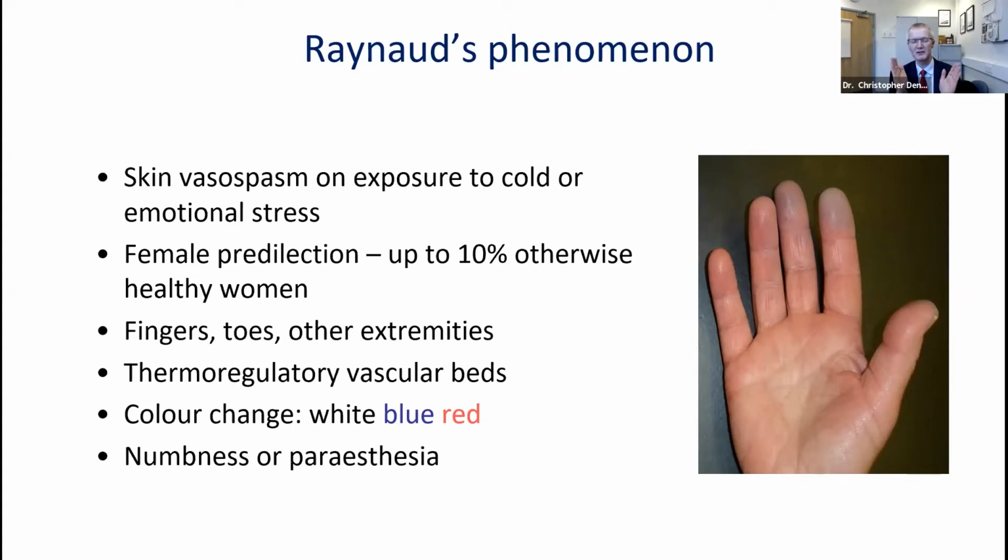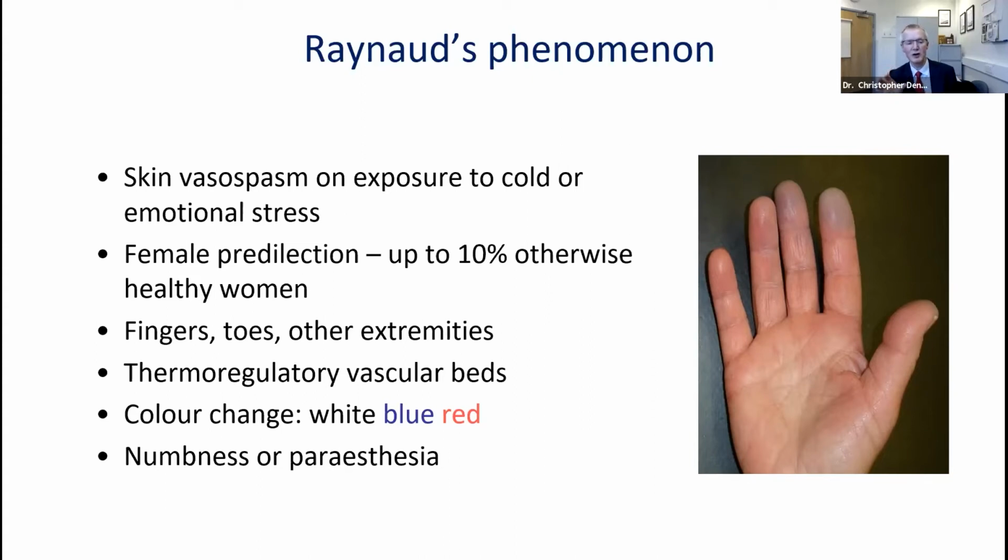So patients have to have defined or discrete attacks, and typically they will be prompted or provoked by cold or emotional stress. And what we notice when our patients describe this to us is that it's often a change in temperature, and it's often a change in core temperature that triggers the attack. So this is very much a sort of centrally induced vasospasm triggering Raynaud's.